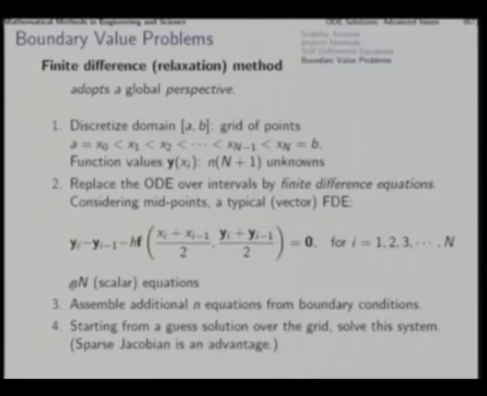And this will give us small n into capital N scalar equations. That means capital N vector equations at so many intervals, and each vector equation will stand for small n scalar equations component-wise. Now, we will assemble the additional n equations from the boundary conditions, and then this total number of equations will be the same as the total number of unknowns. Then, starting from a guess solution over the grid, we solve this system, and at the end of the process we will get the complete solution.